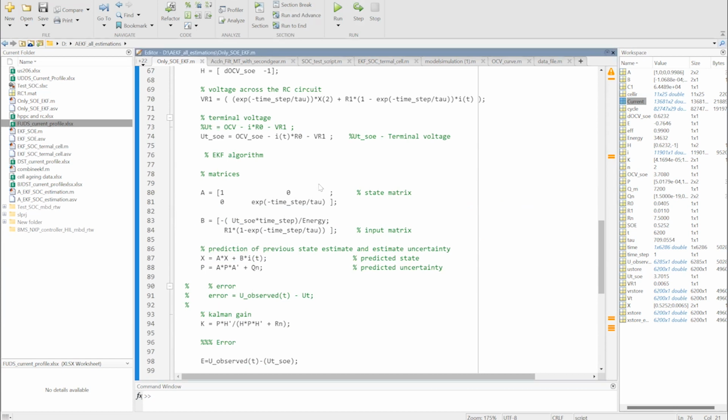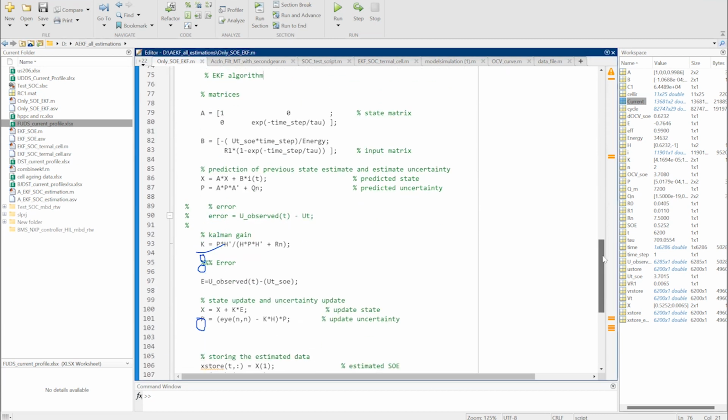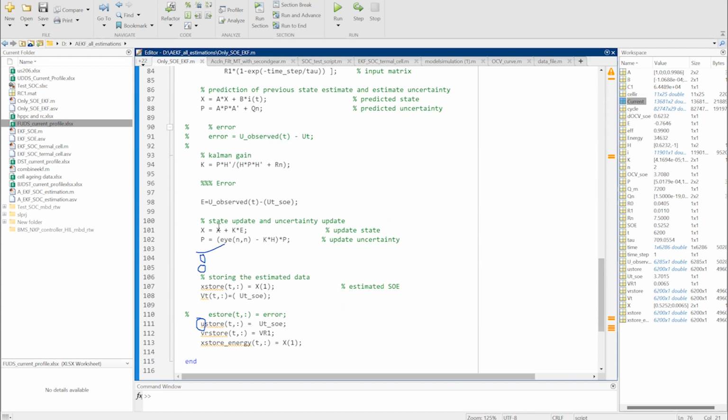And then you can see this part: the predict of the previous state. These are the steps. The predict step, and the Kalman gain estimation, which is the second step, and then the state update. So the Kalman gain is multiplied by this error.